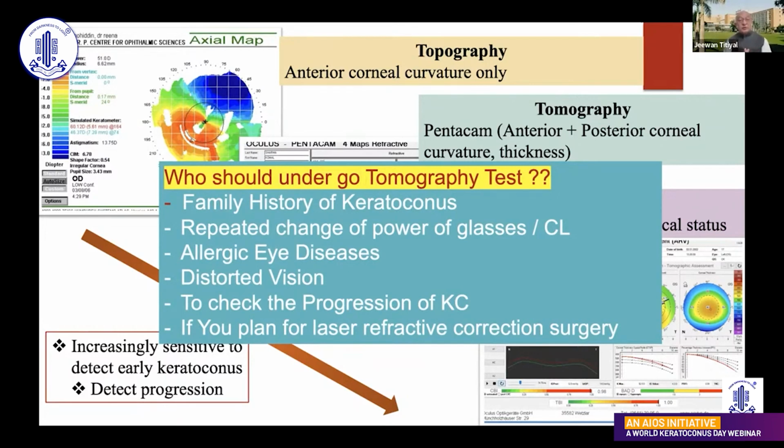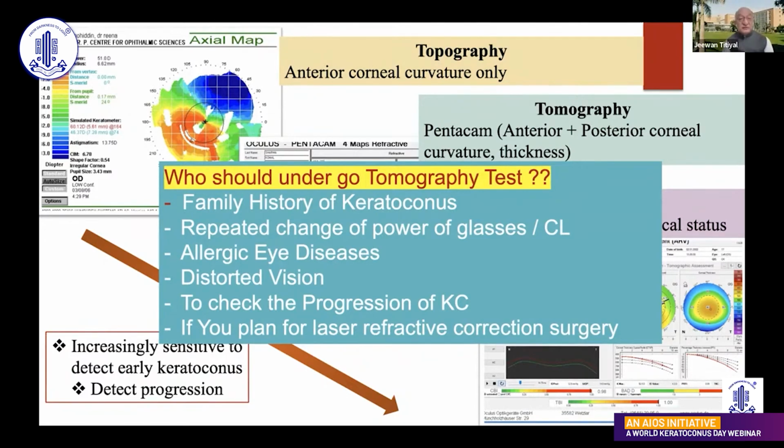So who are those people who, if they come to the hospital, should ask for a tomography to be done? If you have a family history of keratoconus, on your maternal side or paternal side, and if you have a little bit of distortion of vision or repeated change of glasses, especially a myopic number, then you should ask for a tomography test.